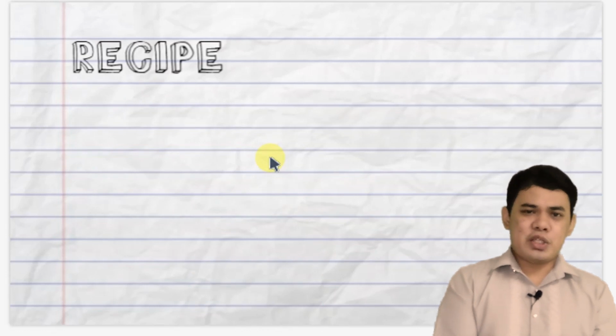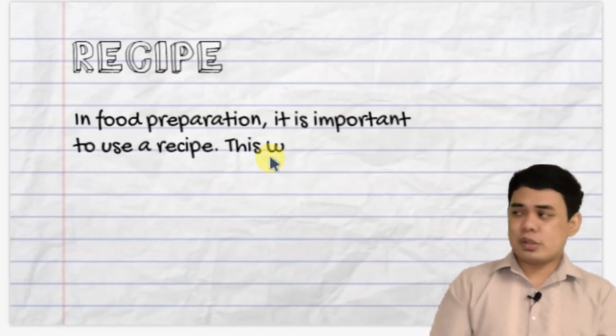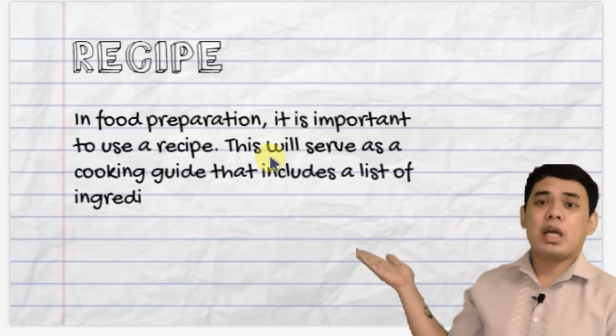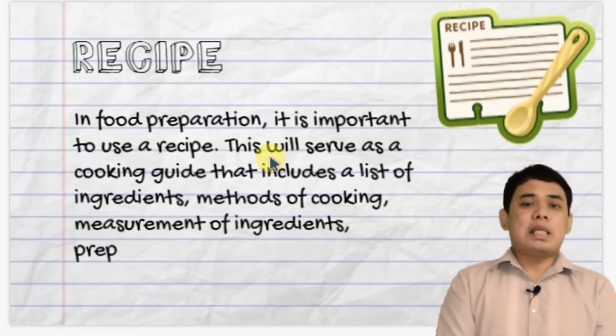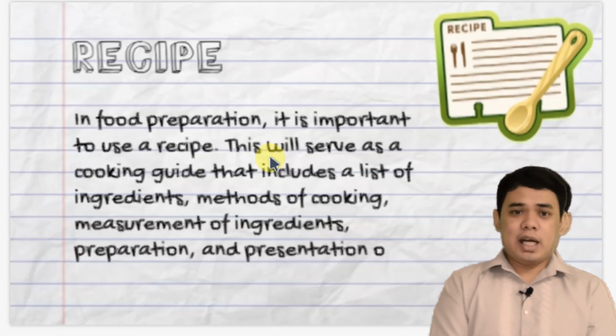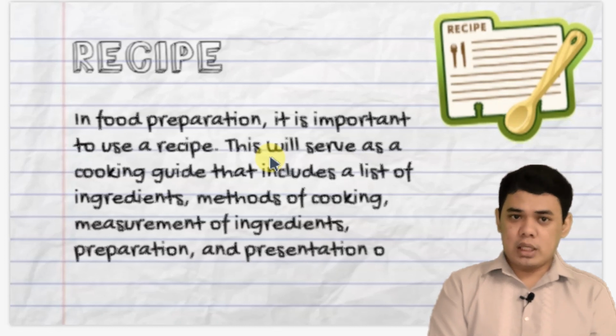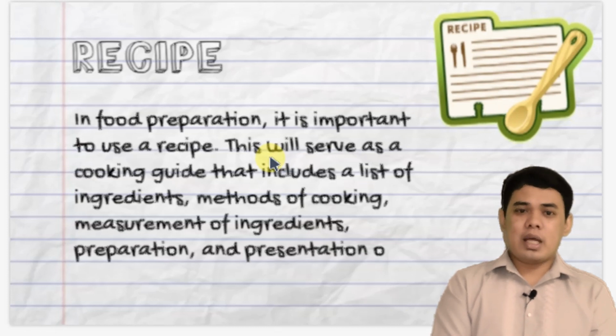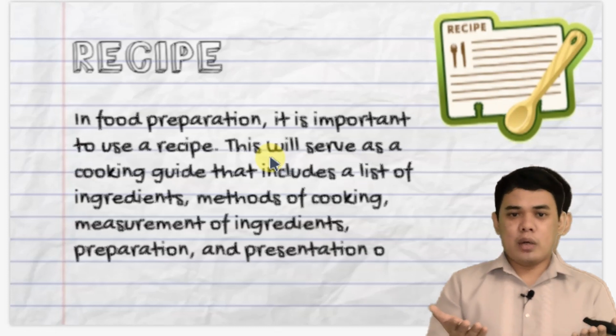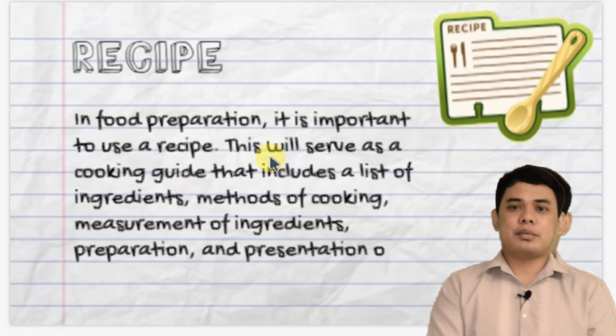In food preparation, it is important to use a recipe. This will serve as a cooking guide that includes a list of ingredients, methods of cooking, measurement of ingredients, preparation, and the presentation of the food that we prepare.